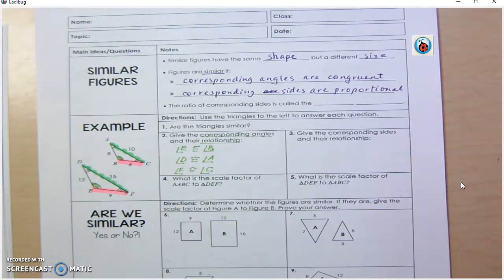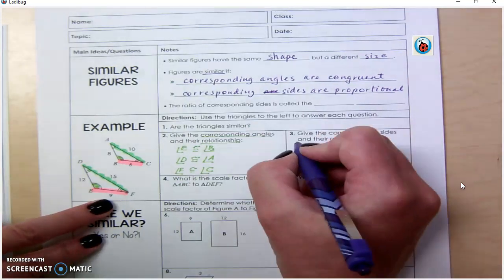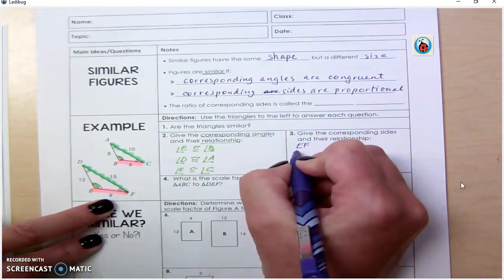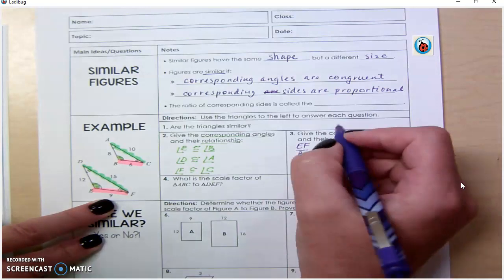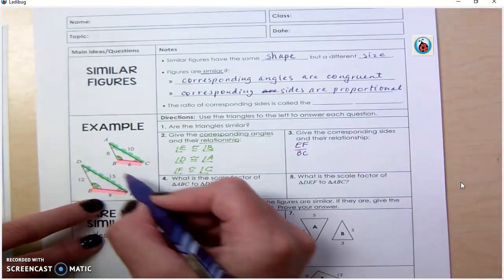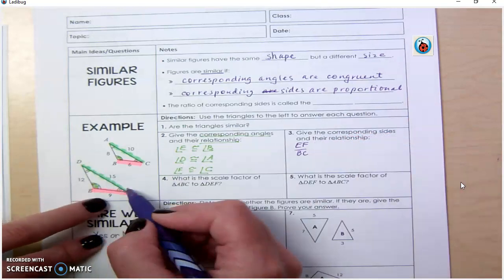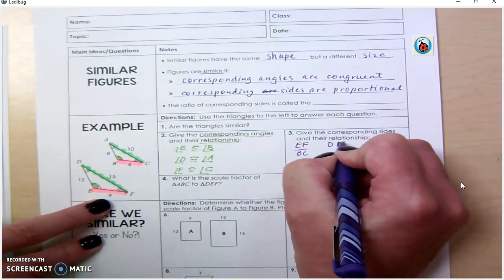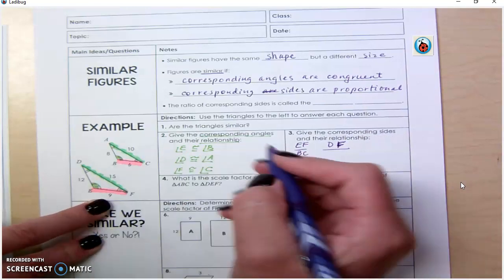When they're asking you to give the corresponding sides and their locations, sometimes you are simply asked to write down the ratio. So for example, just like I've mentioned earlier, I would say EF is related to side BC. And then I would say DF, the little squiggly one, DF, not E, DF is related to side AC.